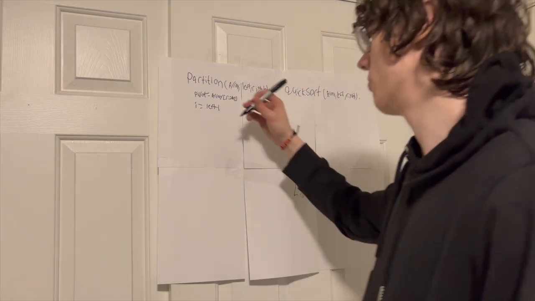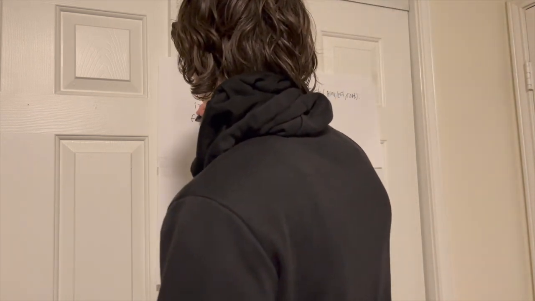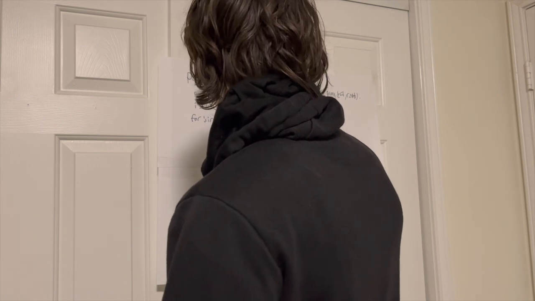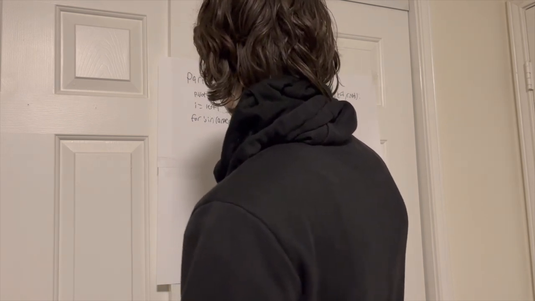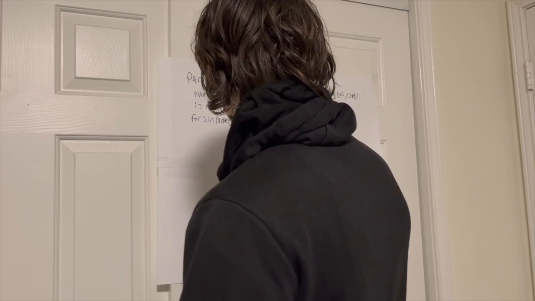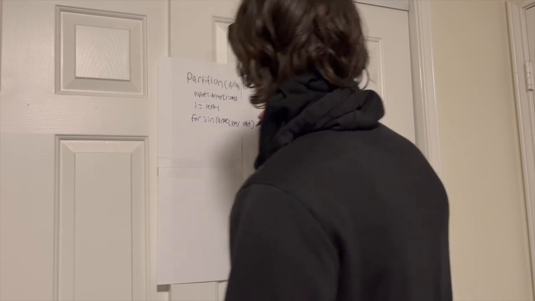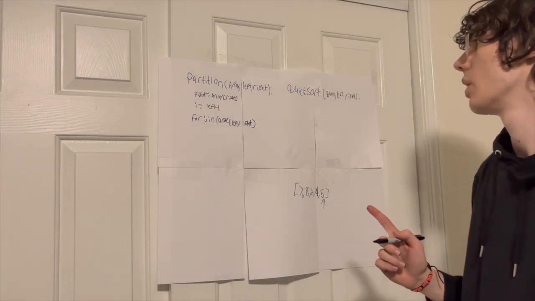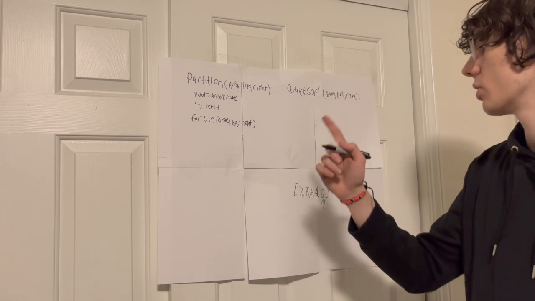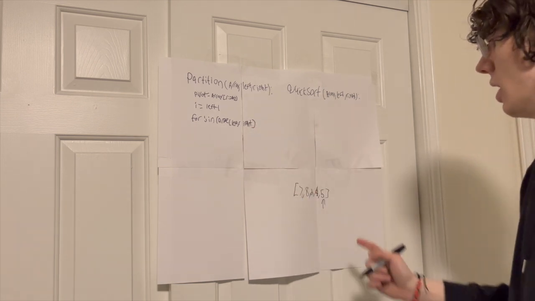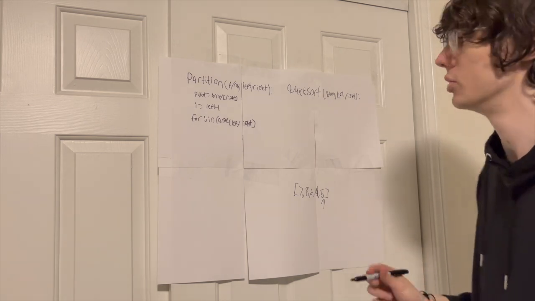So next we want a for loop, for j in range left, right. So for j, we want to check for each element that we're traversing over if that element is less than or equal to 5.